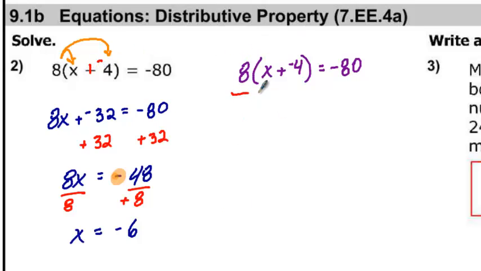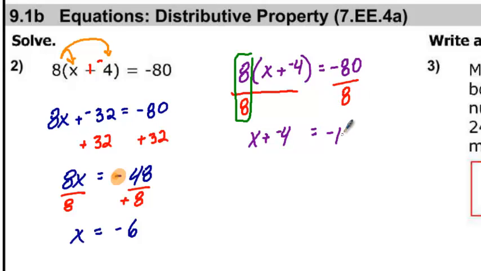We can treat the 8 as a coefficient. It tells us how many groups of x plus negative 4 there are. So if we treat that as our coefficient and divide by it, we have x plus negative 4 is equal to negative 80 divided by positive 8, negative 10.